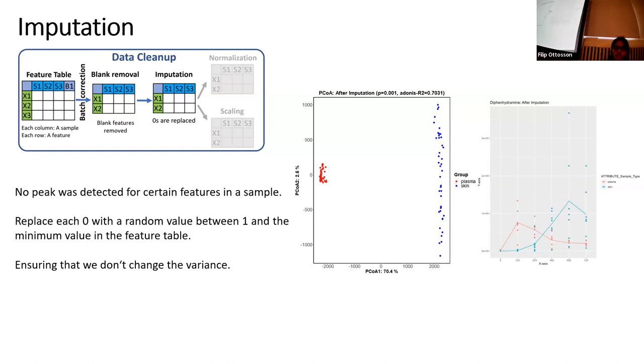And this is what you observe here. As you see in the plot, the variance is actually between the two different sample types, of course, plasma and skin samples. And after imputing, there is some variance in the second axis, but it's way less, only 2.6% contribution.